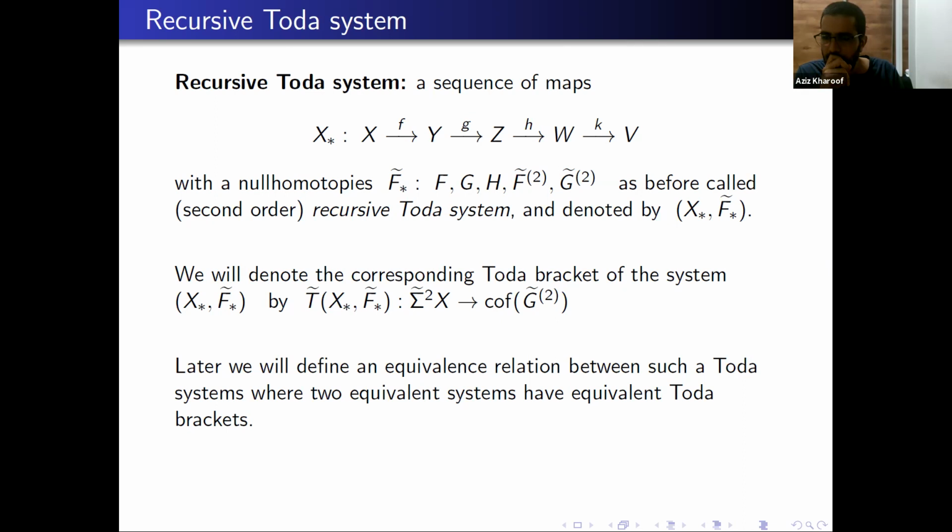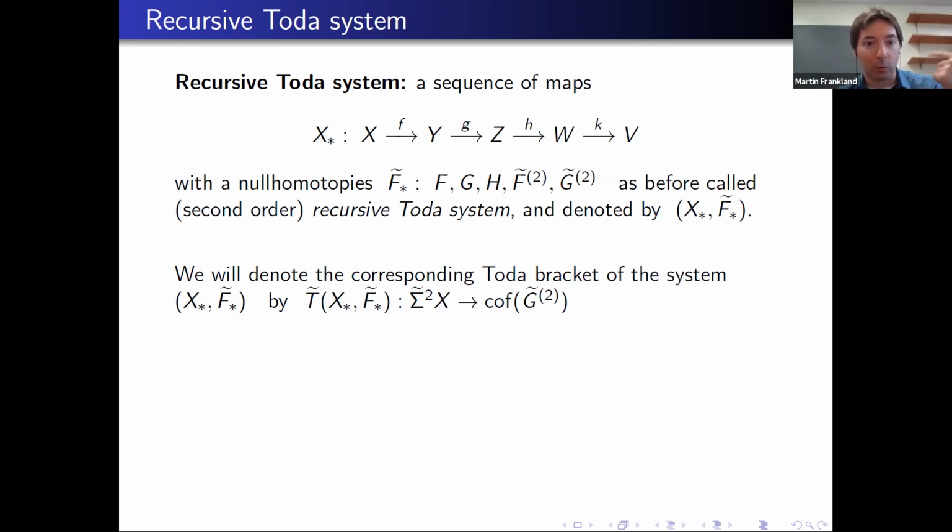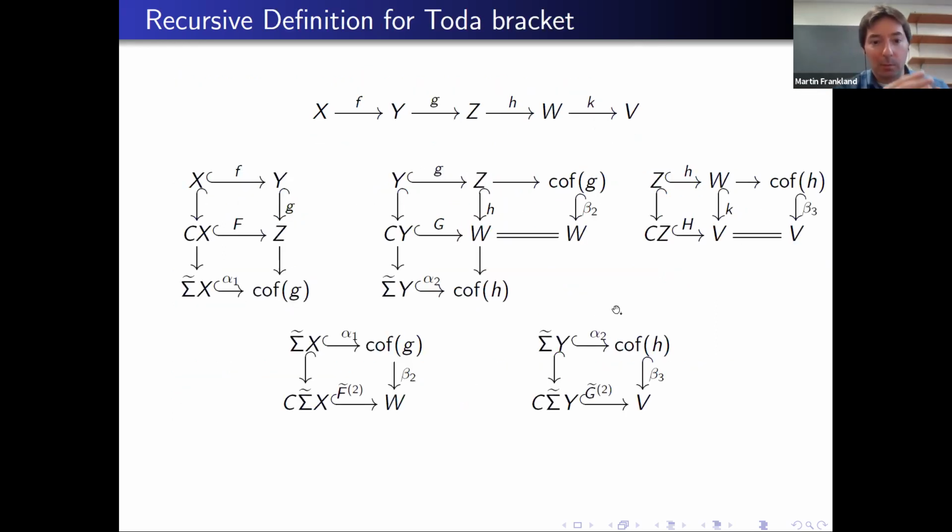I think for our Toda family we had just the data of that factorization in 2 steps. Whereas here, if I'm reading this correctly, the recursive definition builds in all choices along the way. You have your capital F, your capital G, your capital H, and then the F tilde 2 and the G tilde 2.